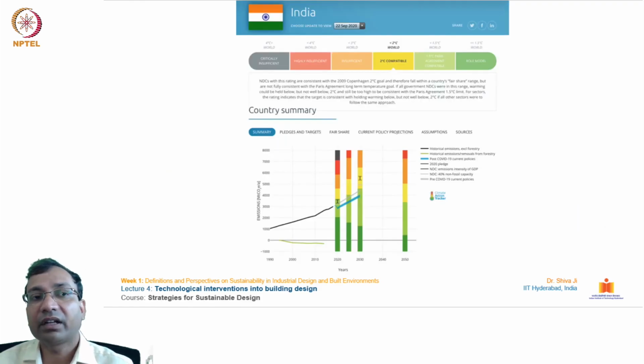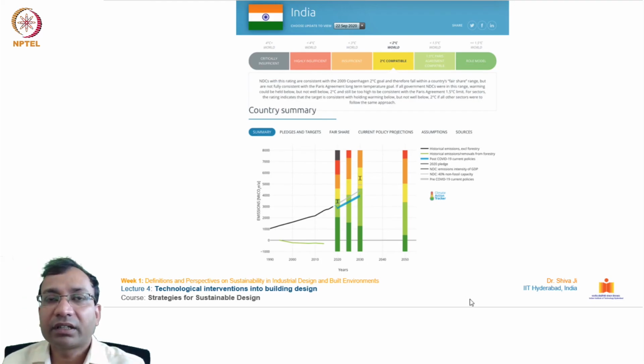Further, if you see over here how India has performed over the years. I have taken here the country-wise summary of our own country, and how the emissions have been targeted to be brought down over the years. In this table you can see the years on the x-axis, and on the y-axis we have the emissions in metric tons of CO2.